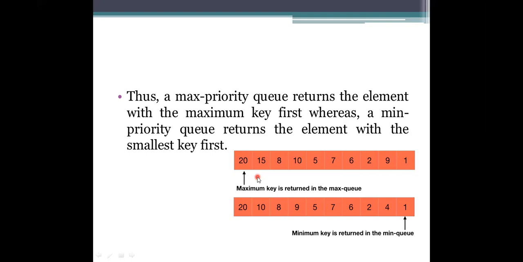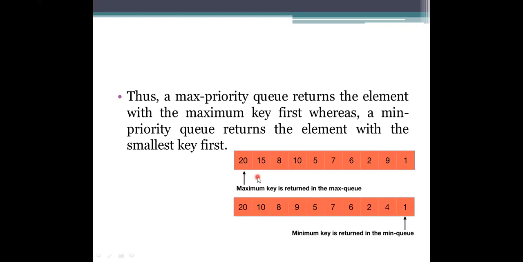So what are the applications of this priority queue? There are several applications: bandwidth management, discrete event simulation, Dijkstra algorithm, Huffman coding, and best first search algorithms. Likewise, we have spanning trees also; Prim's algorithm for the spanning tree also uses this representation.